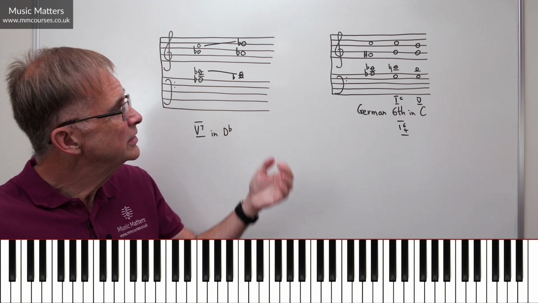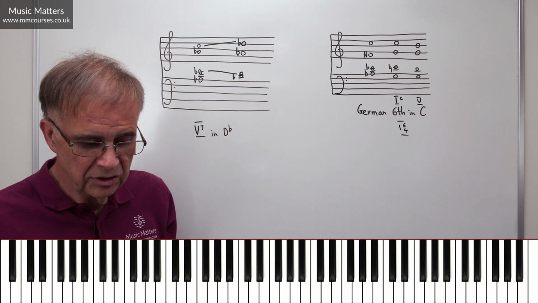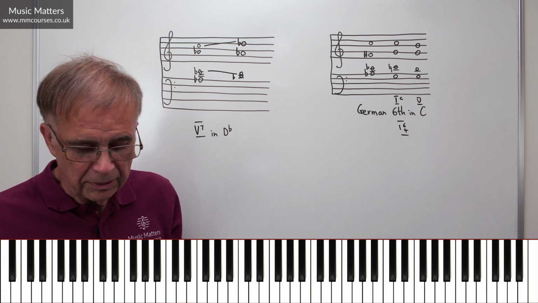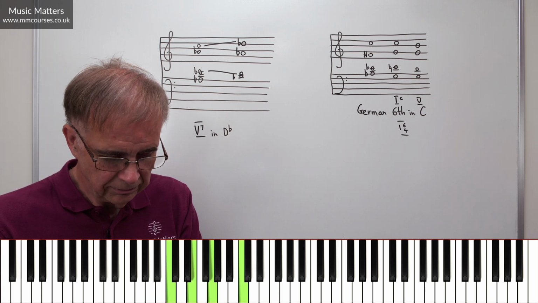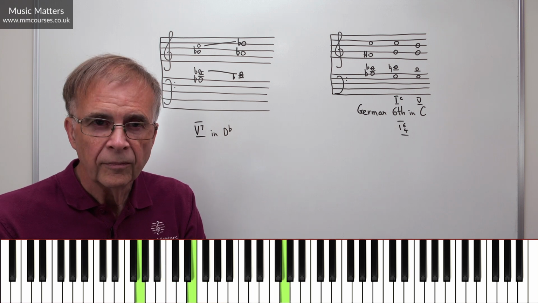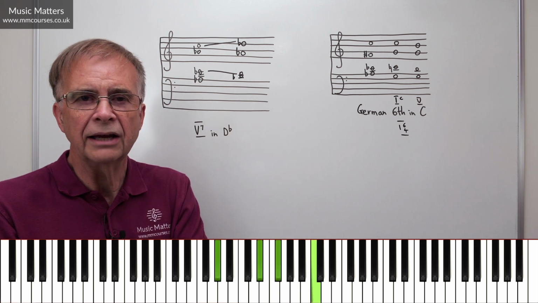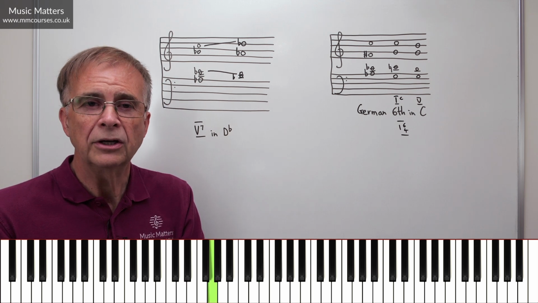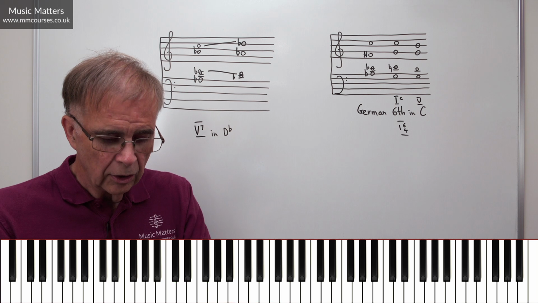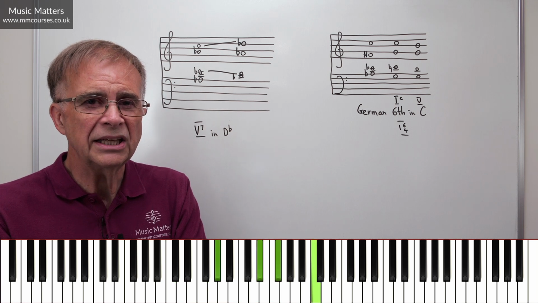Now, of course, this opens up all sorts of opportunities. You might, for example, be playing a piece of music solidly in C major. Then you might say, oh, I'll have a German 6 and carry on in C major. Or you might say, well, I'll have a German 6, but you know what?